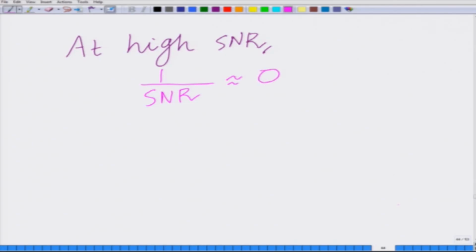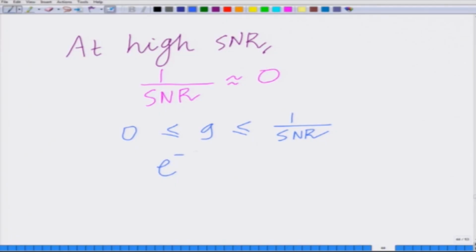Remember we are considering G between 0 and 1 over SNR, and 1 over SNR itself is very close to 0, which means the quantity G is very small, which means e to the power of minus G is approximately equal to 1.